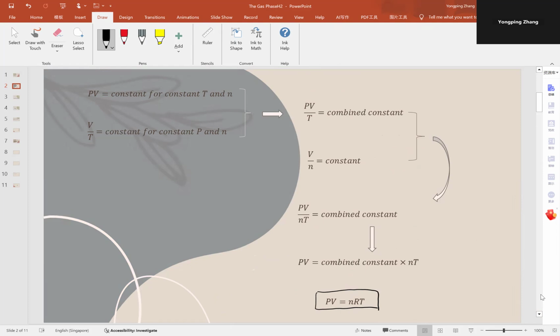V divided by N is a constant. So PV divided by NT is a constant. This is PV equals the constant times NT. So the constant is R.